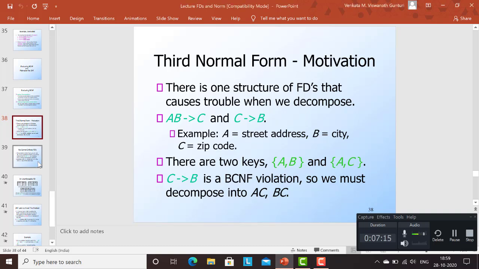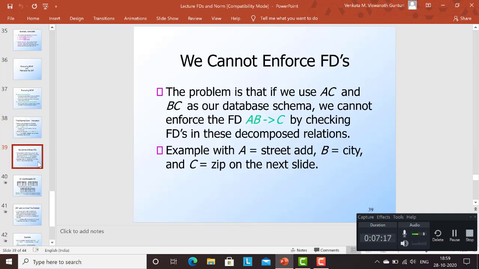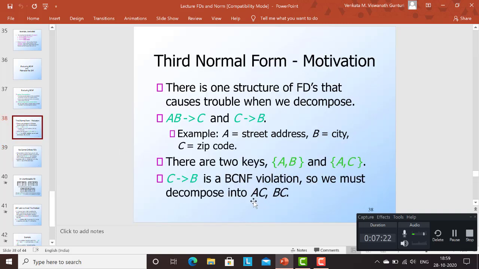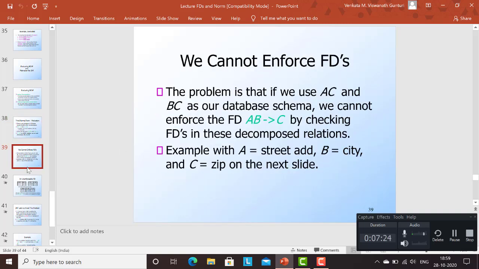Now in the decomposed relations, these two relations AC and BC, you cannot enforce the FD AB implies C. That is the problem, right? And as per your textbooks, this is just one very rare case.